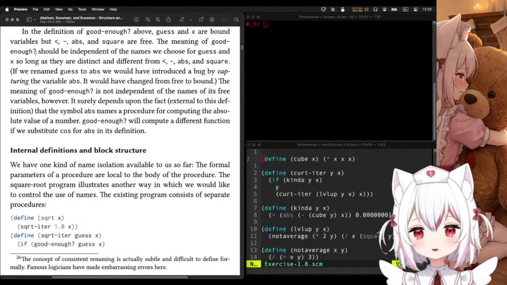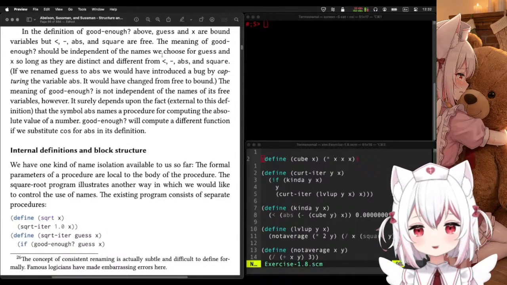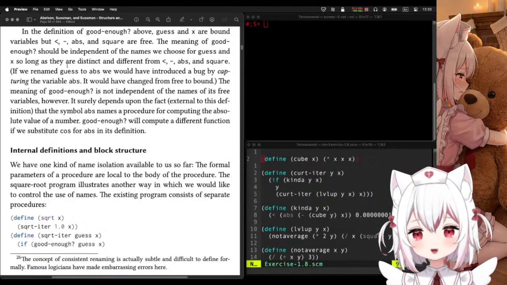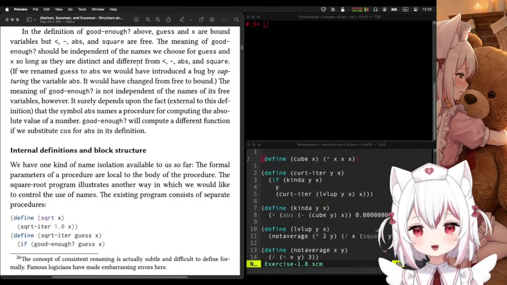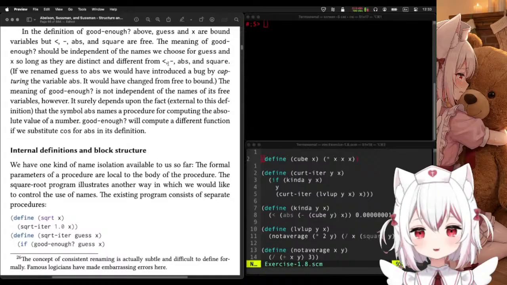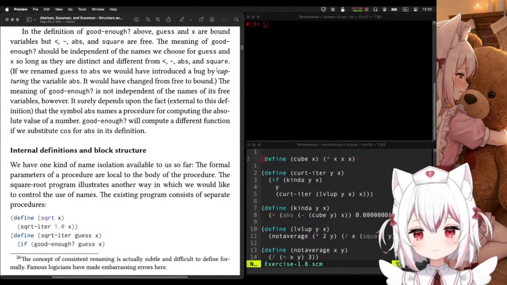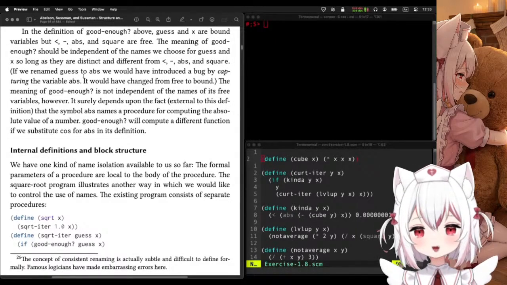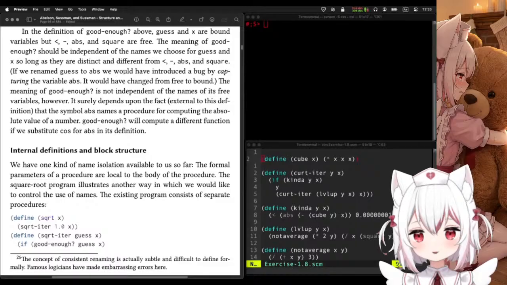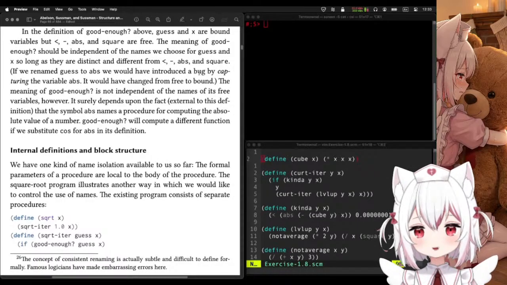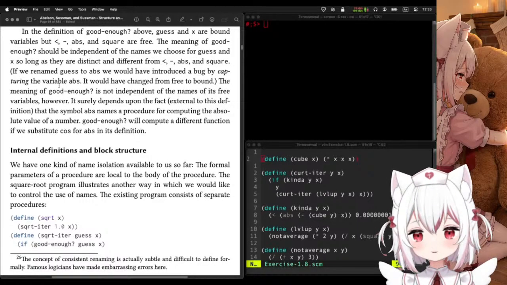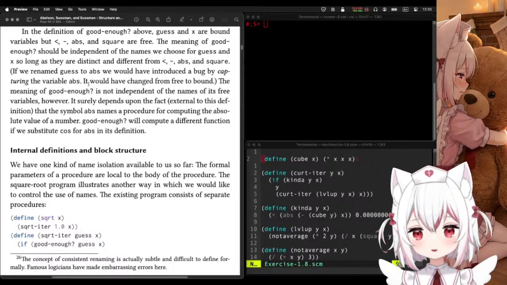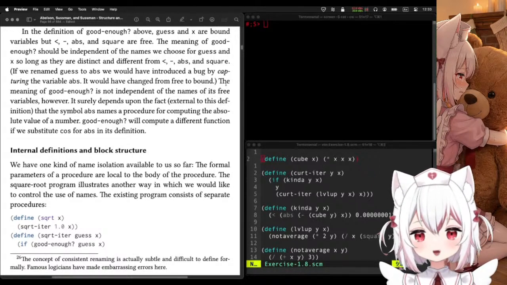The meaning of good enough should be independent of the names we choose for guess and x, as long as they are distinct and different from less than, minus, absolute, and square. If we renamed guess to absolute, we would have introduced a bug by capturing the variable absolute. It would have changed from free to bound.